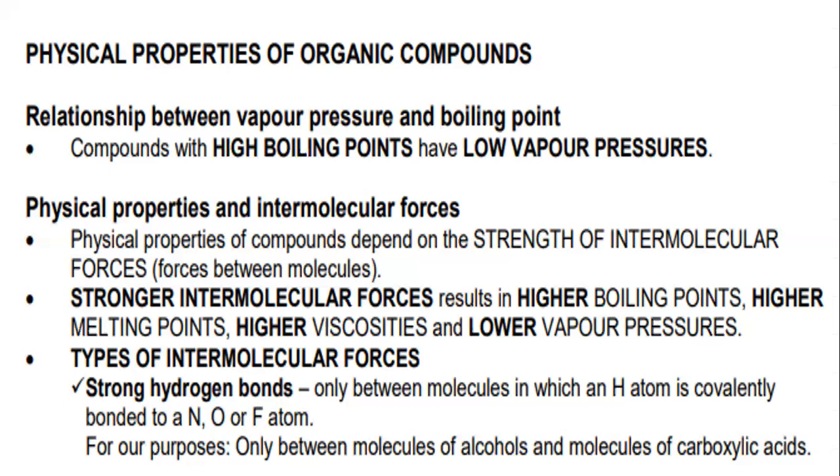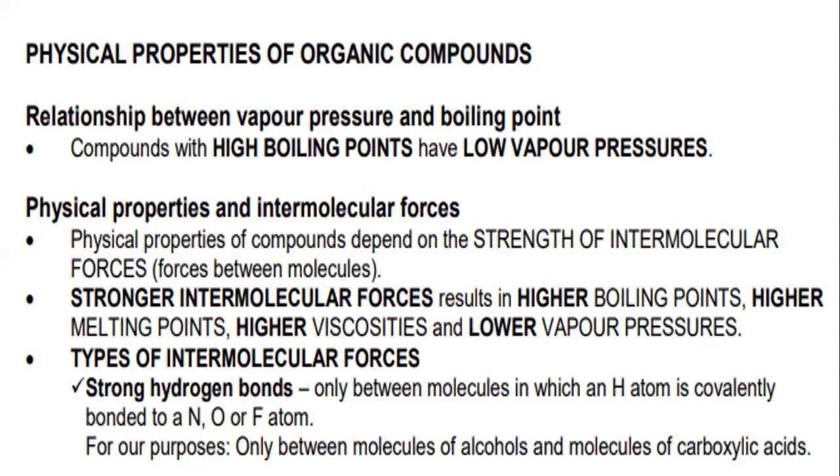Now, when we get our hydrogen bonds in alcohols and carboxylic acids, then by knowing all of that, we can then determine where we get the dipole-dipole forces. And the dipole-dipole forces, we will get them in the remaining homologous series. Remember what I said to you, London forces, alkanes, alkenes, alkynes.